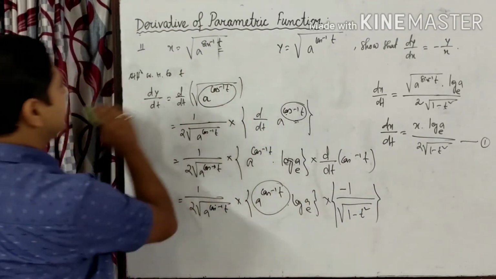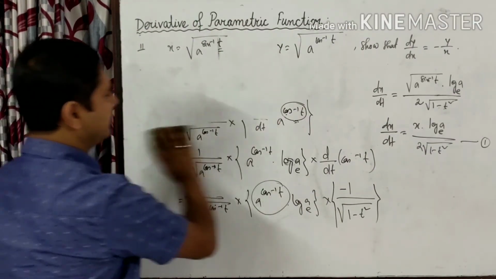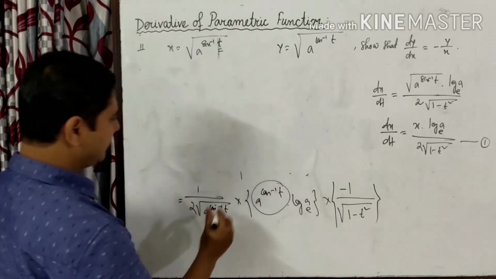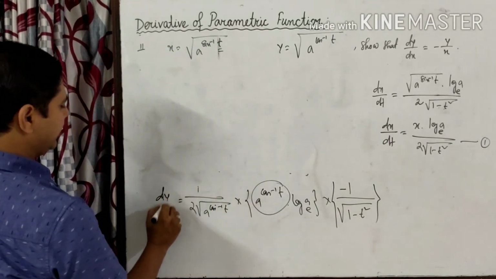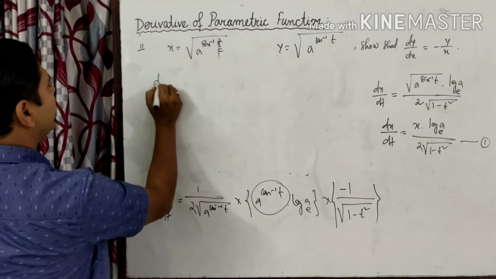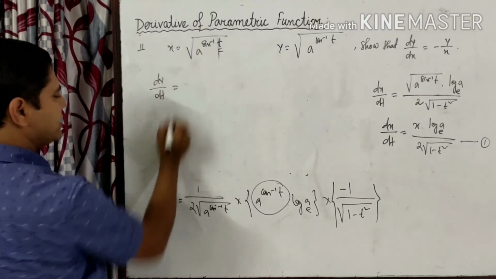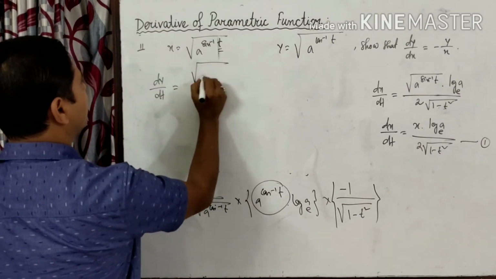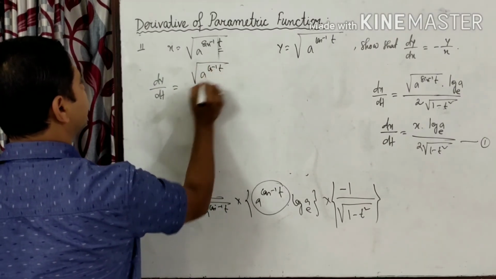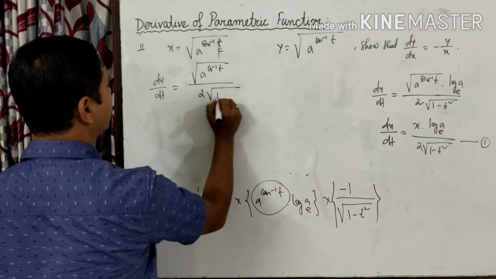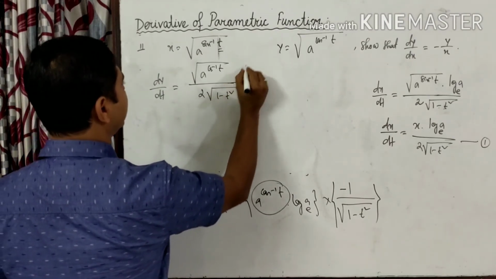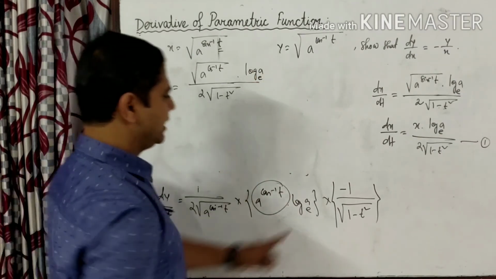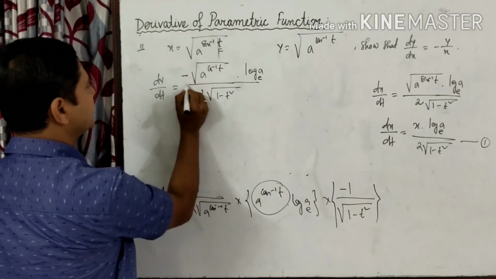Okay, now see what dy by dt value you get. Finally you have dy by dt equal to, if I simplify, root over a to the power cos inverse of t divided by twice of root over 1 minus t square, into log of a base e, and the sign here is actually minus, so I write it here.